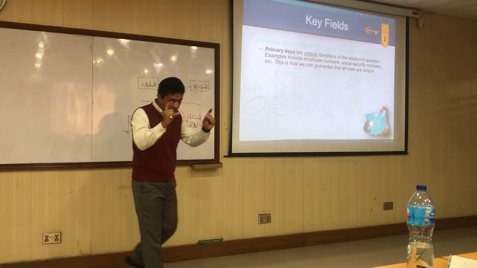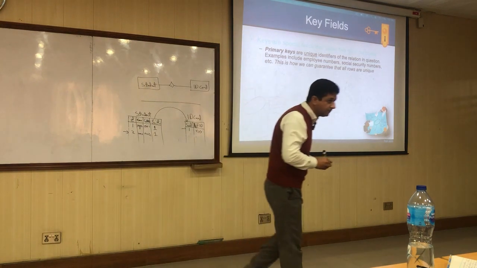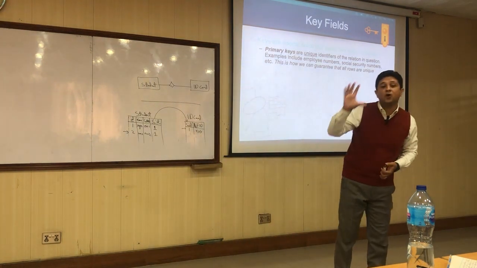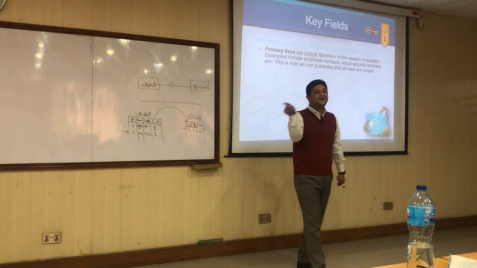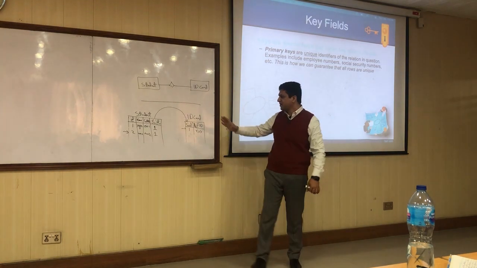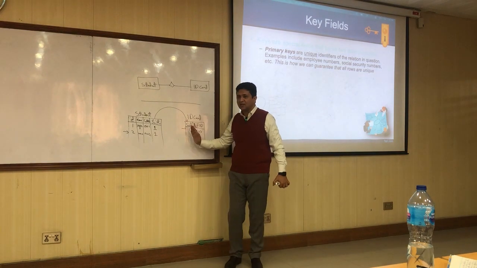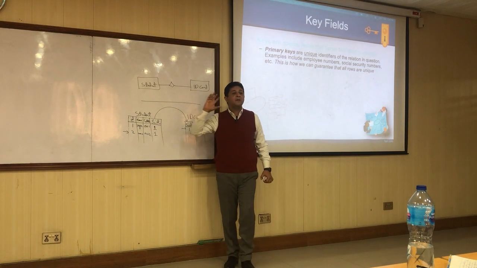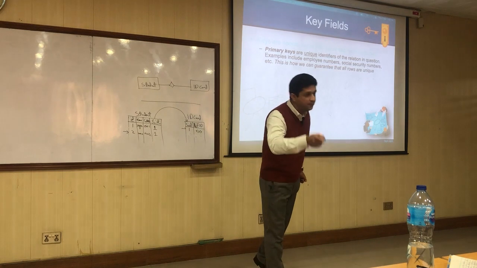So the common values, the matching values in the primary and the foreign key, basically maintain the relationship instance. And representation of a primary key in another relation maintains the relationship type.